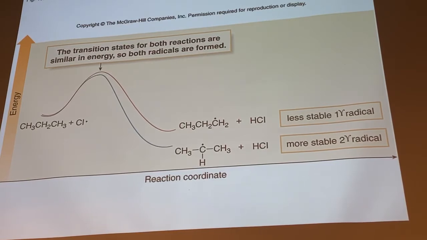You might think 3 times faster is a lot, but in organic chemistry, you'd have to have a difference of 100 or more before we would say there was a huge difference in those reaction rates, okay? So for our purposes, there is a difference. The secondary radical is formed faster, but not that much faster. The difference is only enough to counteract the statistics.